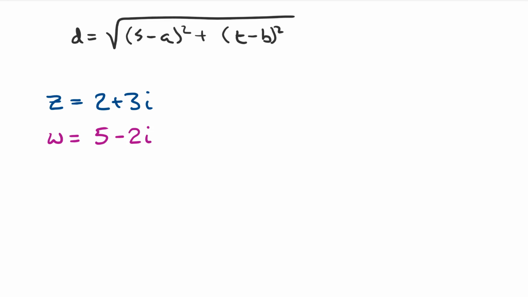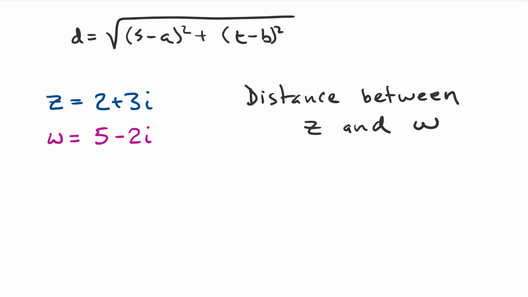We're basically saying that w is s plus ti, and z is equal to a plus bi, and then just replace things and go. If we want to find the distance between z and w, we can use that formula, just the distance formula, locked in.